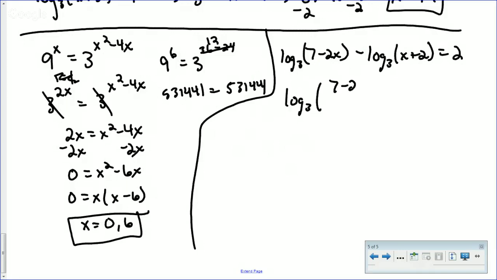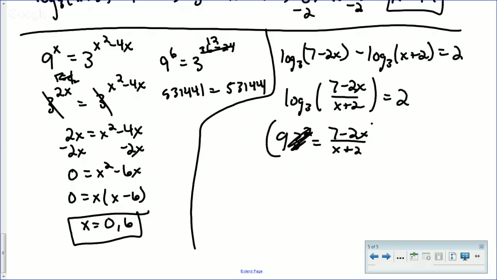So 7 minus 2x over x plus 2 equals 2. Now, since my log's on one side, we'll rewrite it as exponential. Okay, so this becomes 9. We'll multiply the whole thing by x plus 2. So I have 9 times x plus 2 equals 7 minus 2x.